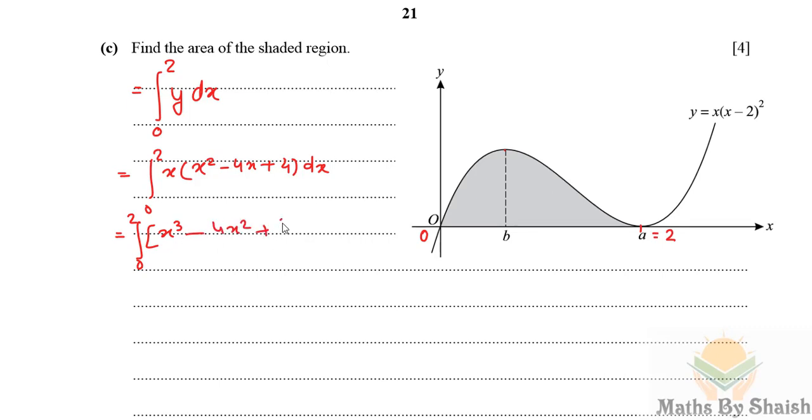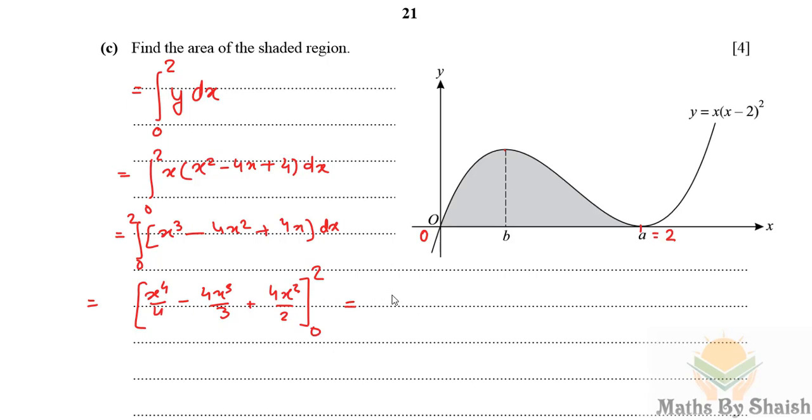We simplify to x cube minus 4x square plus 4x dx. So the integration is going to be x to the power 4 over 4 minus 4x cube over 3 plus 4x square over 2, with the limit 0 to 2. Now we'll simplify the upper limit 2, and if you put the lower limit 0 everywhere, it is 0.